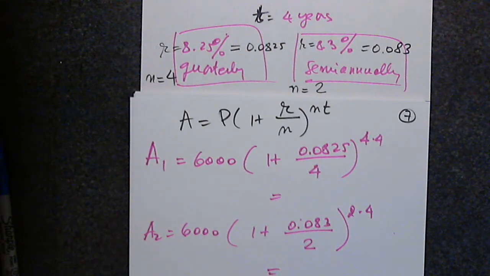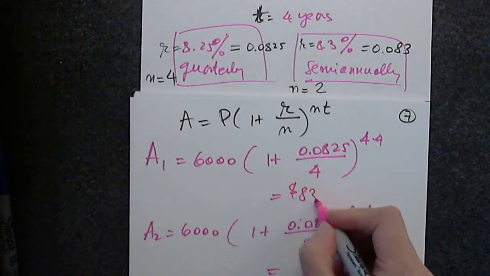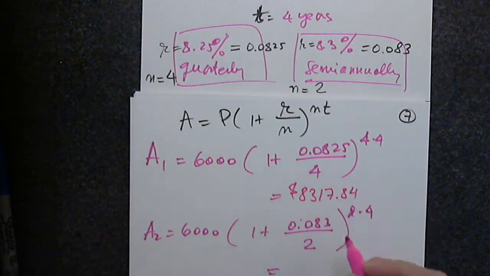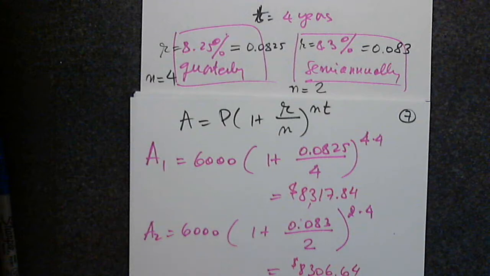And I got this. So option number 1 is A 317.84. Option number 2 is A 306.64. Even if you say, well, $11 is not such a big deal, but we're talking about long term. You may want to discuss this more than 4 years, and it makes a difference.